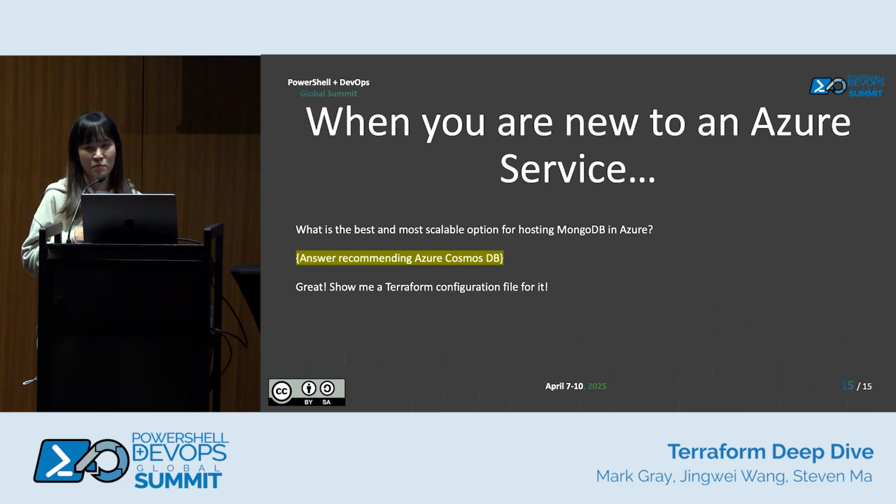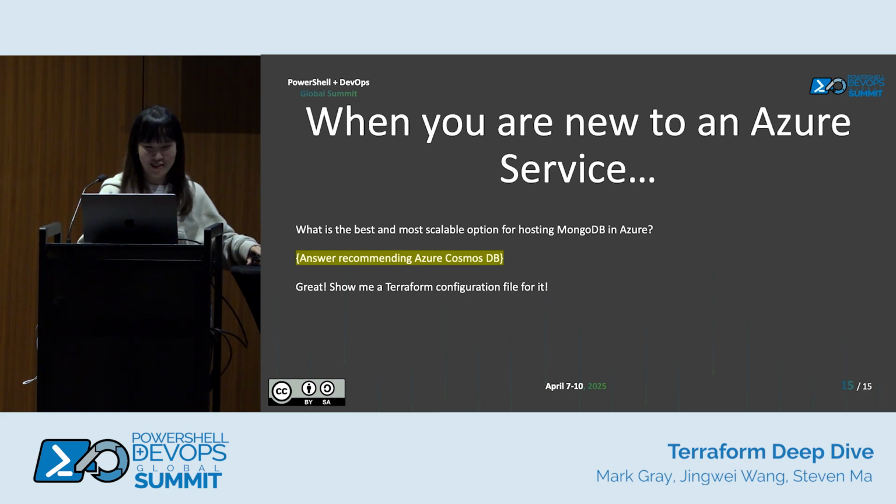And one of the most important segments for you is to host the MongoDB. So probably you are new to this Azure service and you want to seek some assistance from some channels. That is when the Azure Copilot could be of great help.